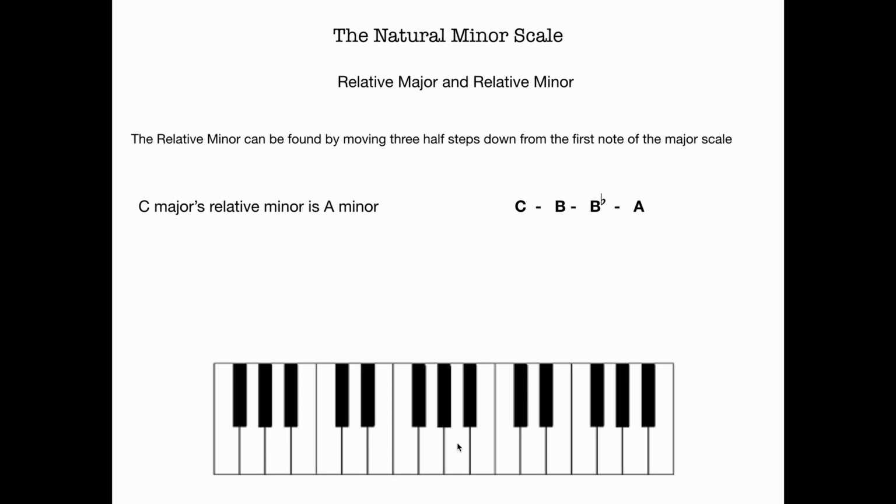Why is this helpful? Because the relative minor will have the same number of sharps and flats as its relative major. So if you remember, C major had no sharps or flats.